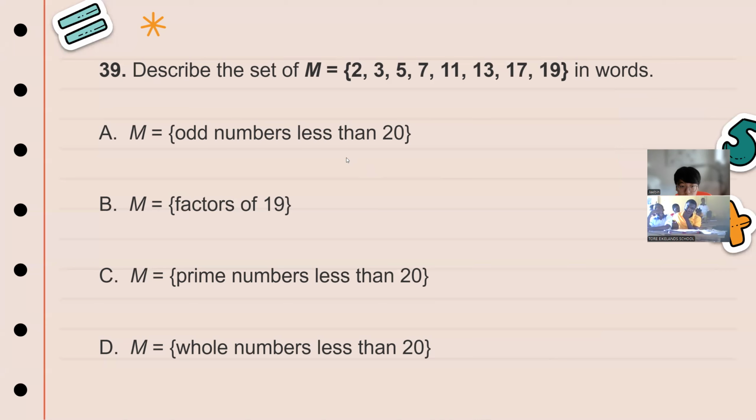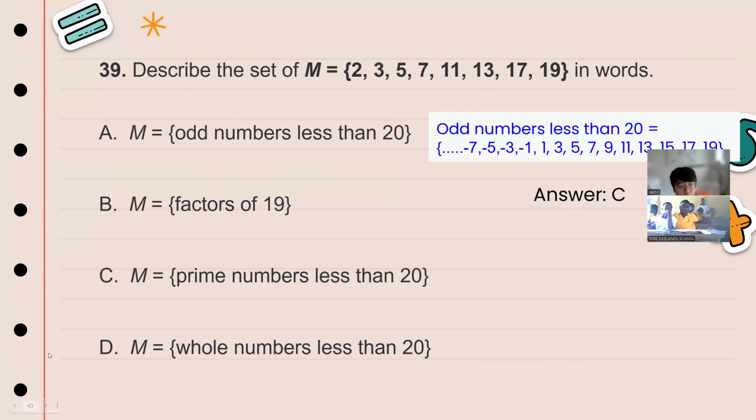Do you think it's A? Odd numbers less than 20? Let's see. Are these all the odd numbers less than 20?